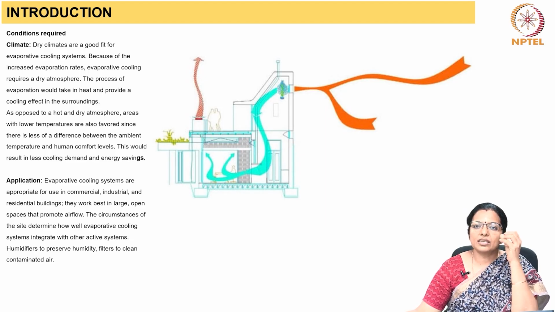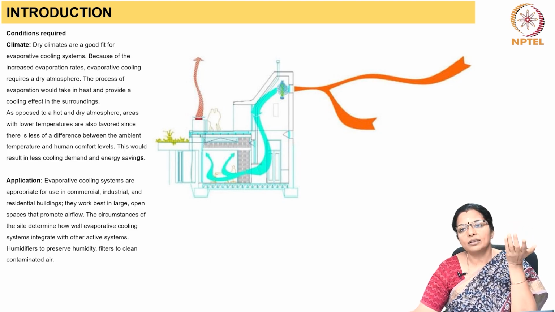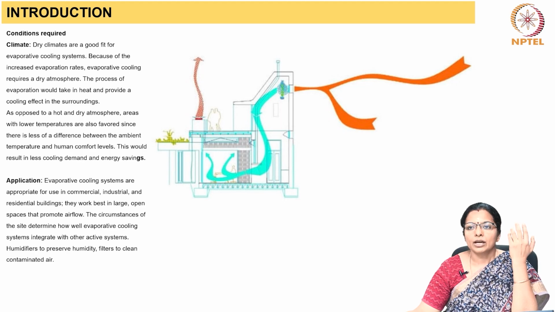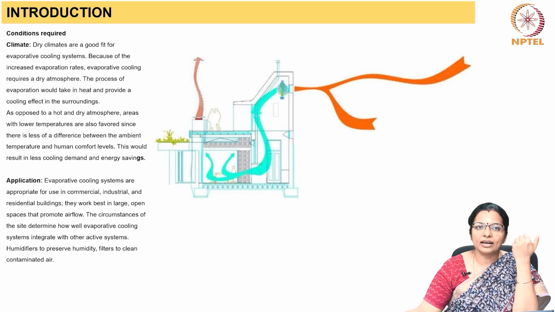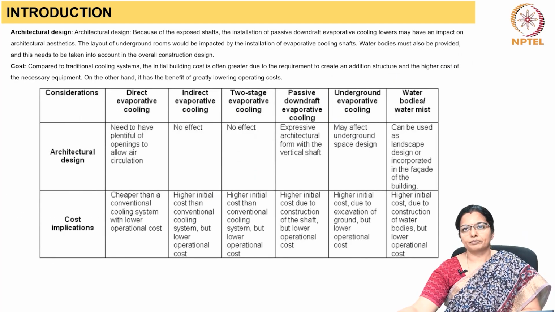They work best in large open spaces that promote airflow. The circumstances of the site determine how well evaporative cooling systems integrate with other active systems. Humidifiers to preserve humidity and filters to clean contaminated air must also be incorporated.